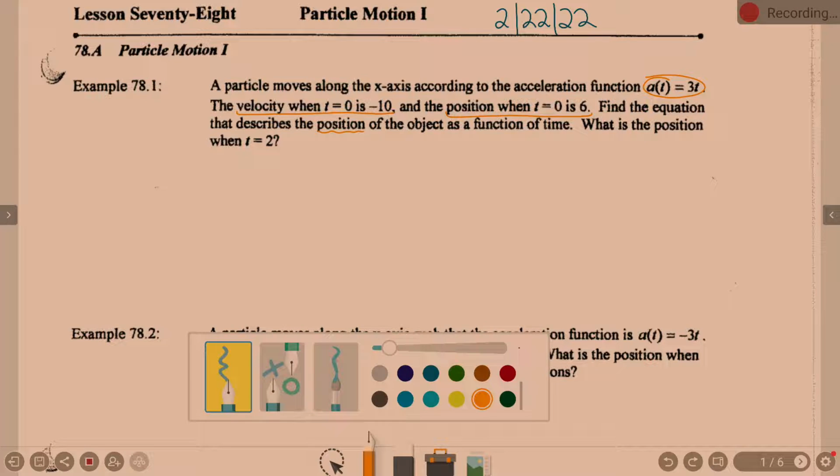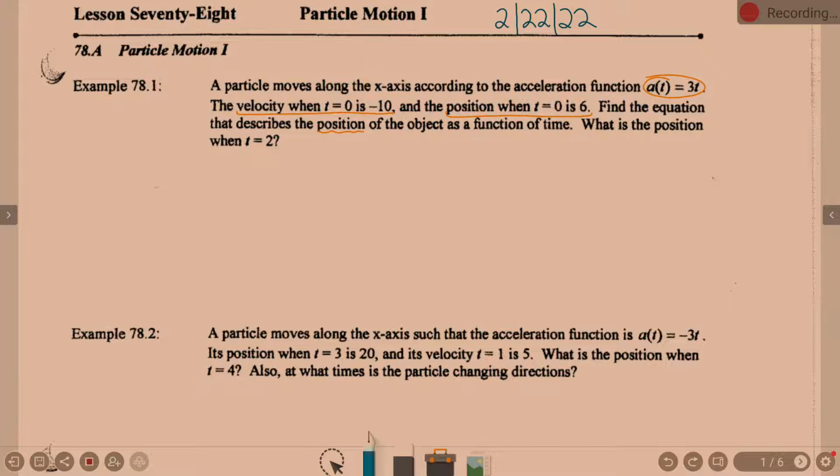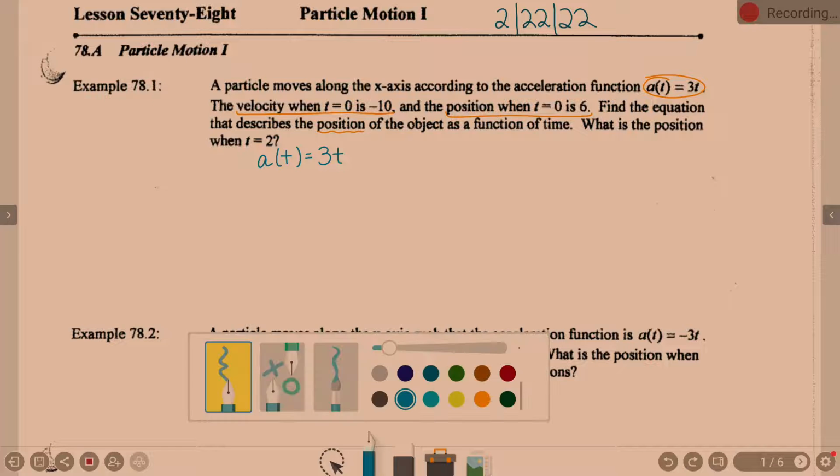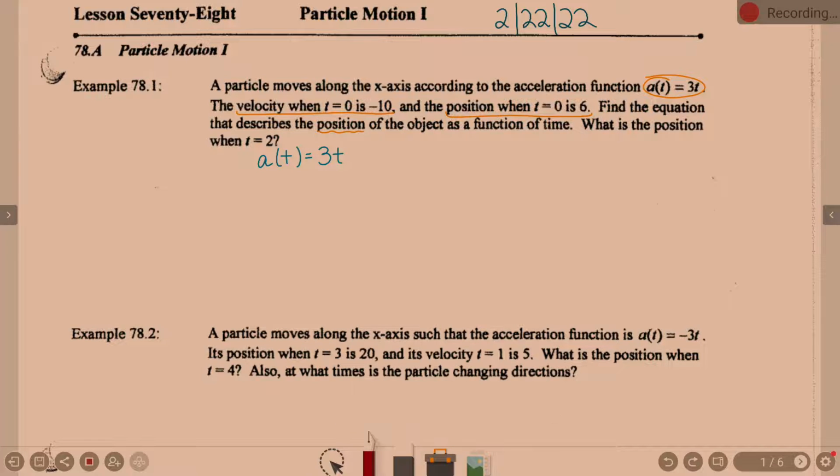Okay, guys. Well, we were given the fact that acceleration is 3t. If we're trying to work our way to position, what do we have to think here? The integral of acceleration is equal to velocity, right?